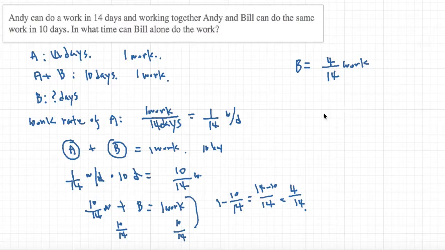So now we know the work amount done by B is 4 over 14.